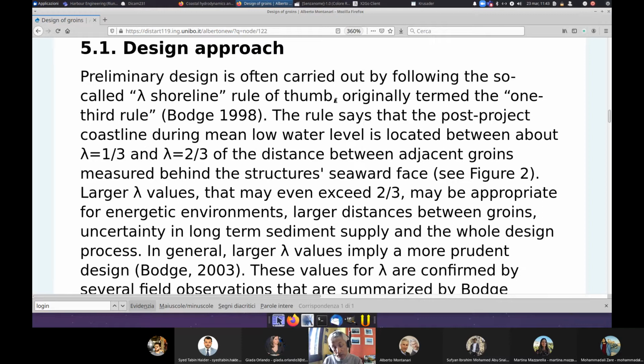And also, you have to take into account that if you have to design a small-scale project, as it may happen to you in your professional activity, it's unlikely that you may get the resources to set up a numerical model, or even more, to set up a small-scale physical model. So the question may be, what is the best solution for me to go beyond the rules of thumb?